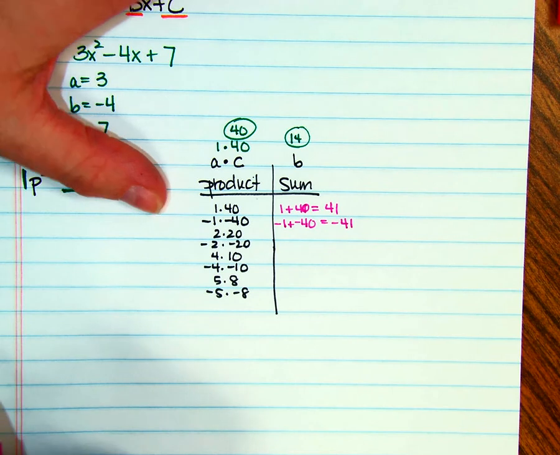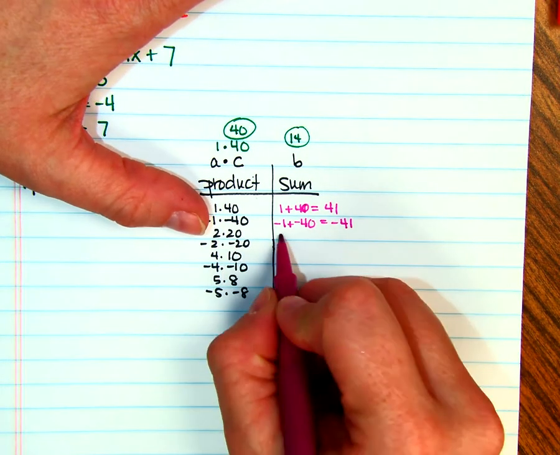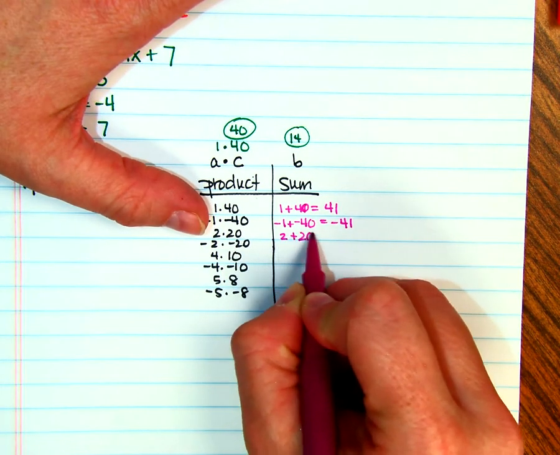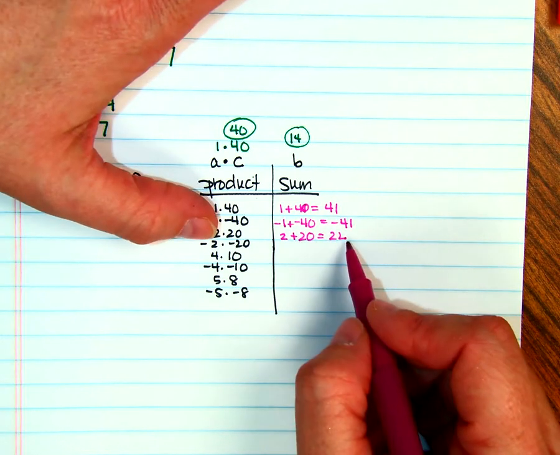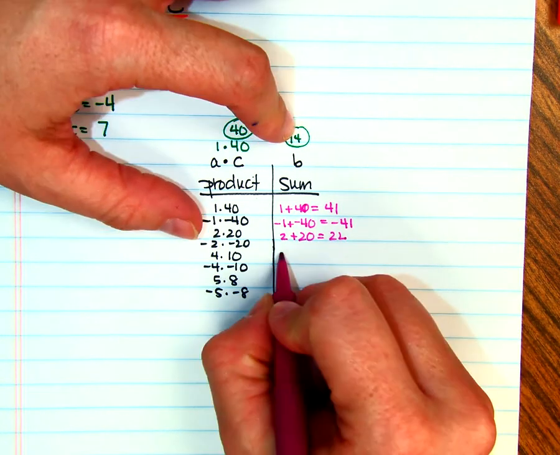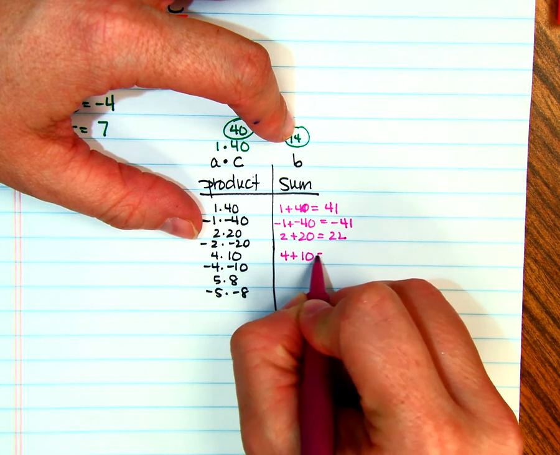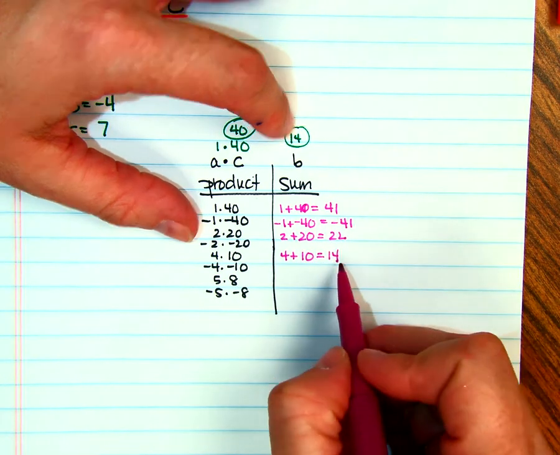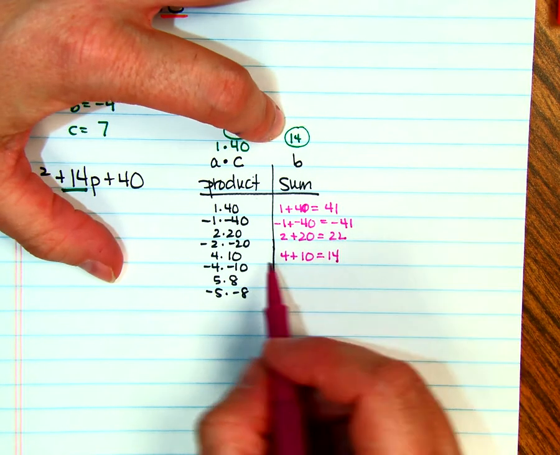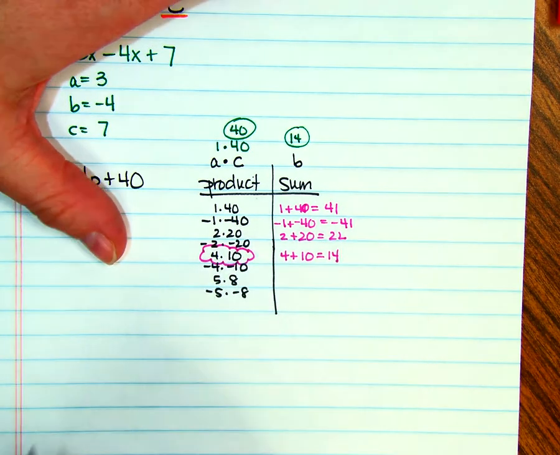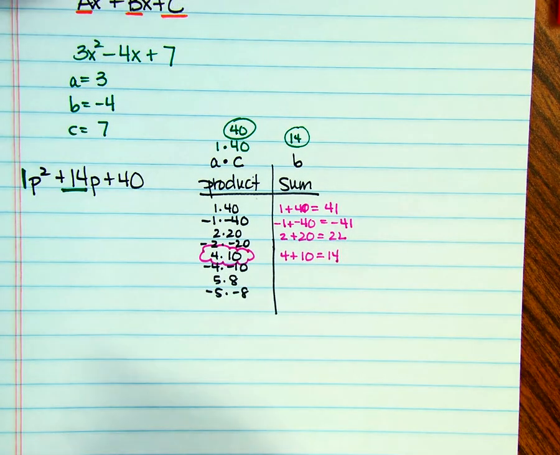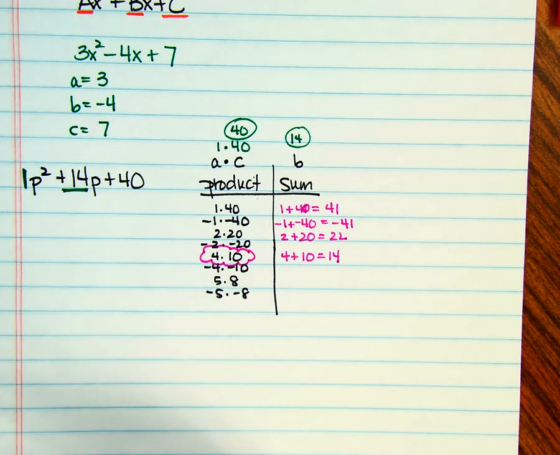So I really don't need to be trying those. 2 plus 20 gives me 22, so I know the other pair is going to give me a -22. That's not what I'm looking for. 4 plus 10 gives me 14. Ooh, positive 14, that's what I'm looking for. So I'm going to call the 4 and the 10 my two magic numbers, because those are the ones that I'm going to use. When a is 1, it creates a special case.